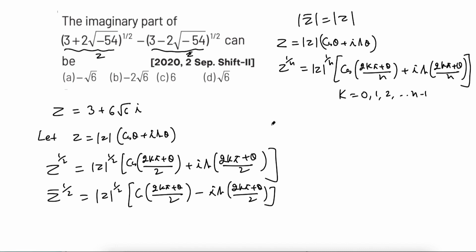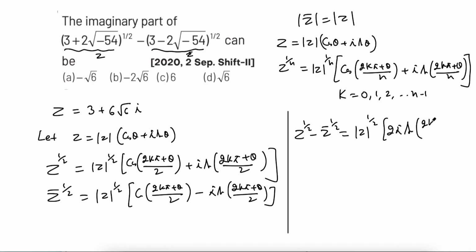I hope everybody understood. Now z to the power 1 by 2 minus z bar to the power 1 by 2 will be what? If you subtract it directly, I am taking mod z to the power 1 by 2 common, and on subtracting it will come as 2i sin of (2k pi plus theta) by 2.